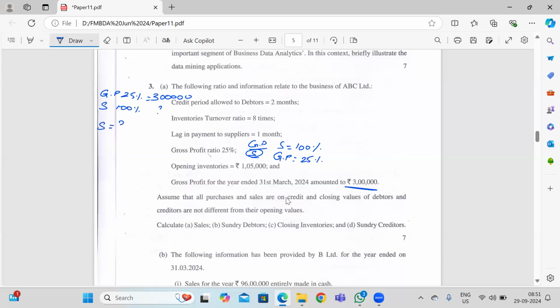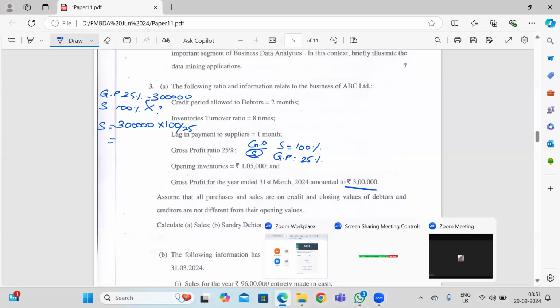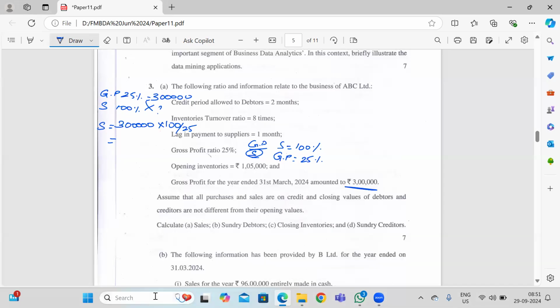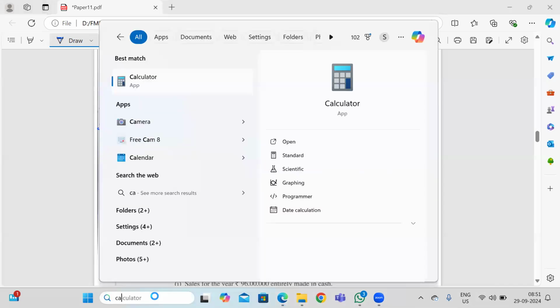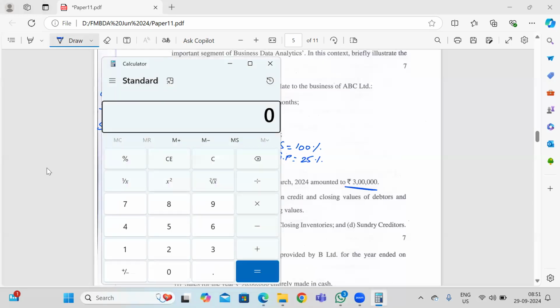So sales is equal to 3 lakhs into 100 by 25. I am doing a simple cross multiplication. So 3 lakhs into 100 by 25 gives 12 lakhs.